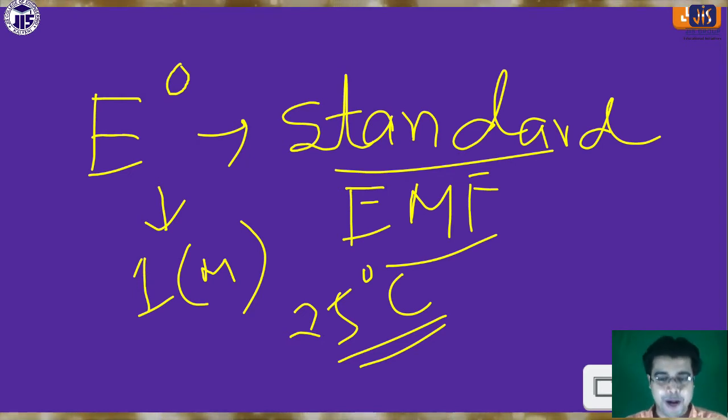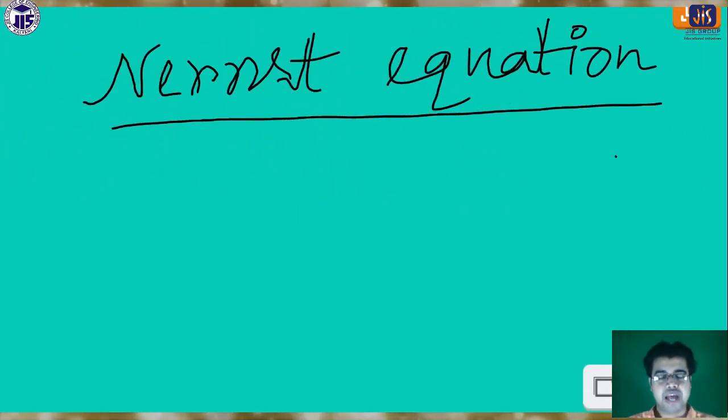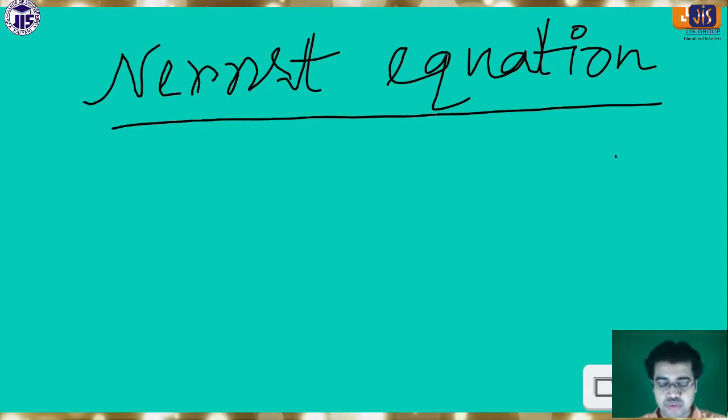Now we will move to the most important topic of electrochemistry, that is the Nernst equation. So we'll discuss the Nernst equation. To discuss the Nernst equation, we are taking an arbitrary reaction. For example, aA plus bB equals xX plus yY.